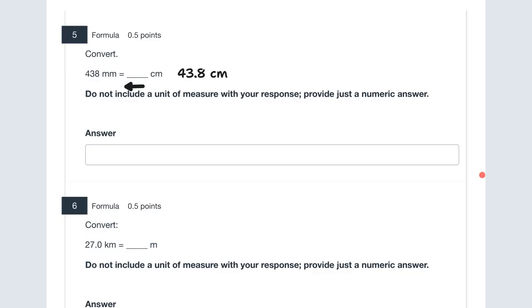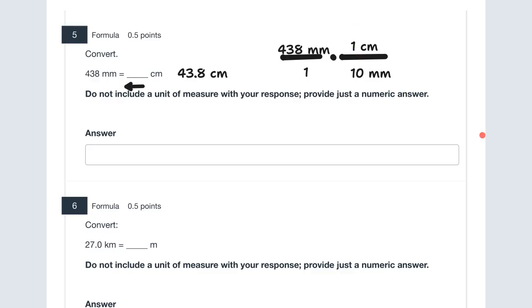Now, another way to do it is we could look at dimensional analysis. If we have 438 millimeters, and I want to multiply that by something to change the millimeters to centimeters, I multiply by my fraction, and I just need to know that there are 10 millimeters in every 1 centimeter.